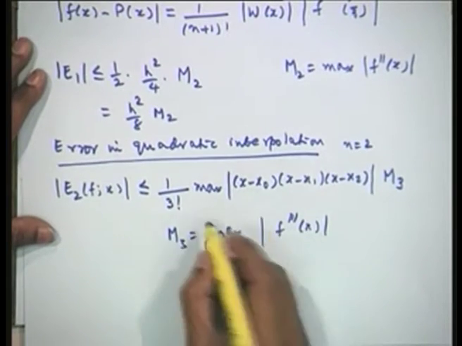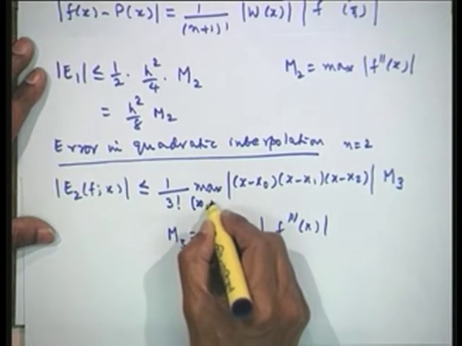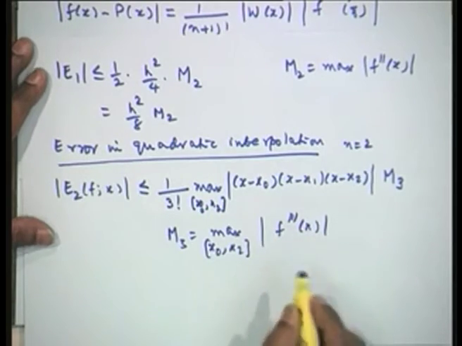In the interval we are talking of only x naught, x 2.